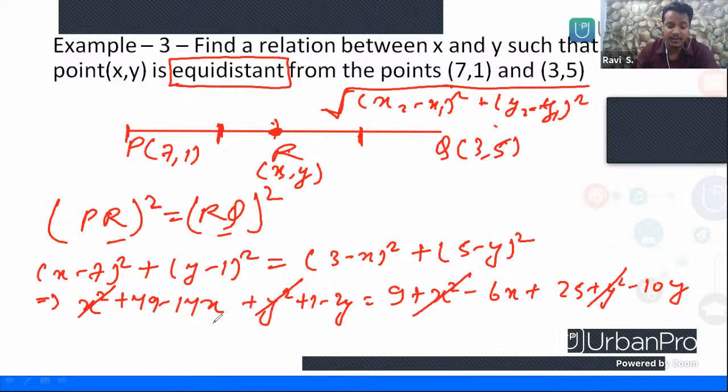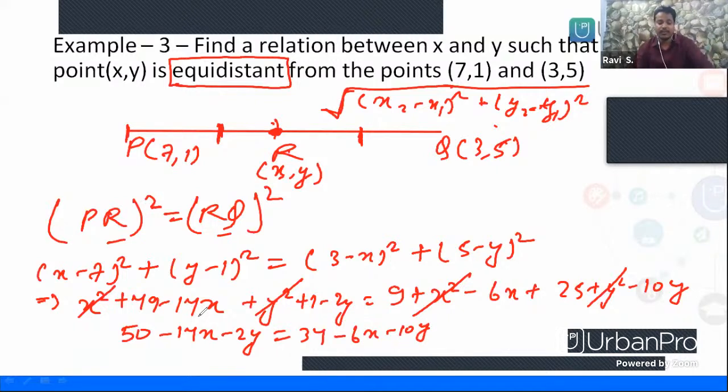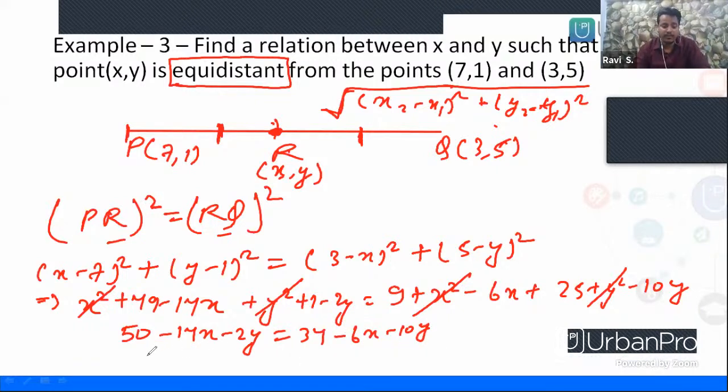Here 49 plus 1 will become 50, minus 14x and minus 2y. And here 9 plus 25 is 34, minus 6x minus 10y. Let's bring this x from here. So it will be minus 14x minus 6x, so it will become minus 8x only.